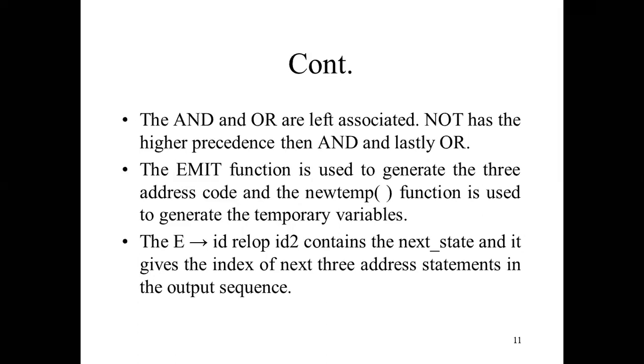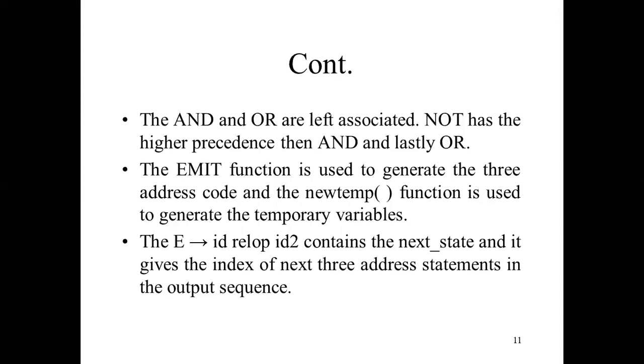If an expression is given using and, or, and not operations, then first we will solve for the not logic. So not has higher priority than and, or. First we solve not, then and, then or.